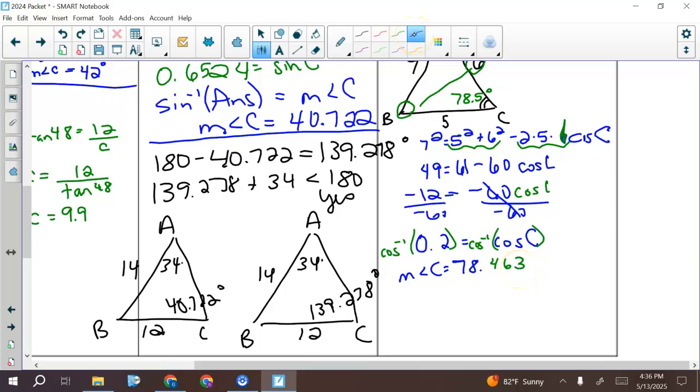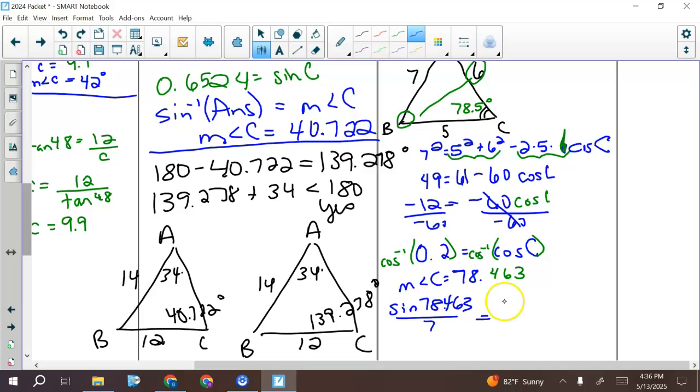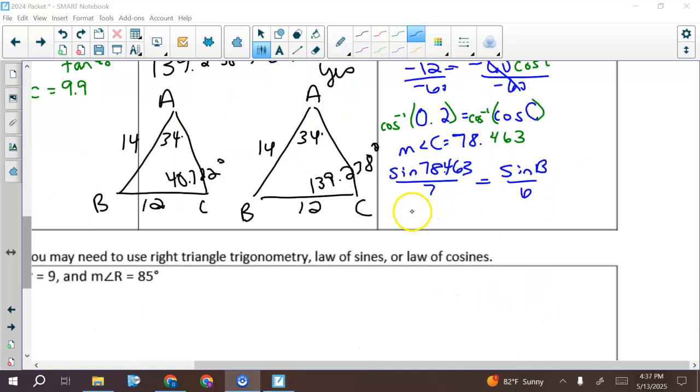You don't have to. All right, so we're going to go sine of 78.463 over 7 equals sine of B over 6.